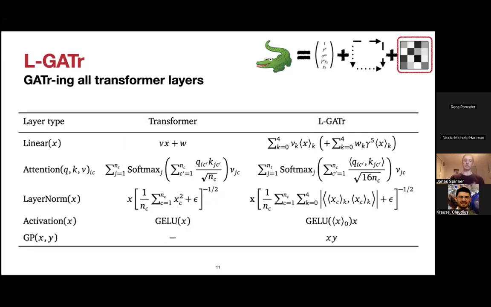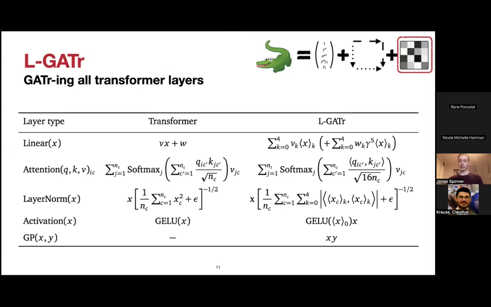And the idea of what we do with L-GATr is that we build for each of these transformer layers a similar layer. The transformer layers operate on scalars, and now we build an L-GATr layer which operates on multivectors. And we construct them in a way such that they do not violate the Lorentz equivariance.